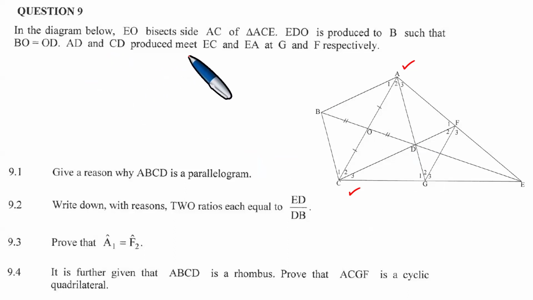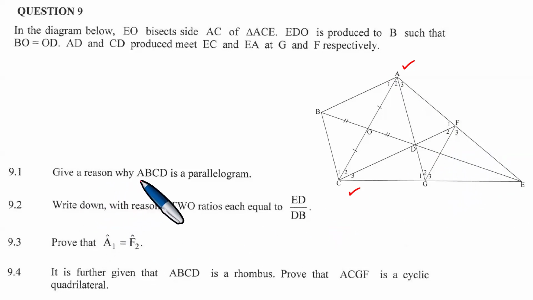AD and CD are produced to meet EC and EA at G and F respectively. Okay, we're able to see the G and the F respectively.